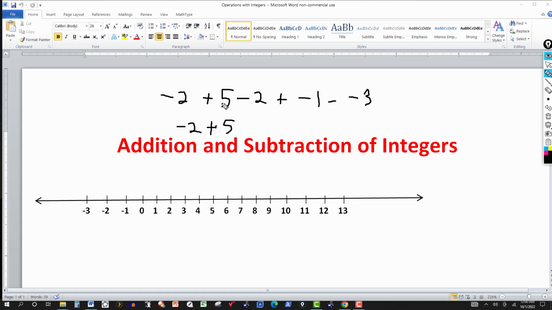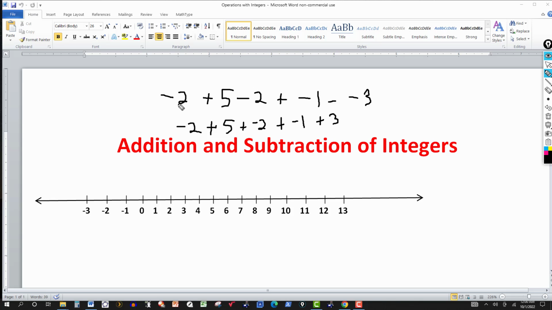We could just see, this one's pretty straightforward. 5 subtract 2, it's just 3. But let's just leave it for now so we can follow the rules. So let's write this as a plus a negative 2. And then we leave this one, it's already addition, negative 1. And then here we have a subtraction. Again, the rule is if you're subtracting, change it to addition, and the opposite of what you're subtracting. So we're subtracting a negative 3, make that a 3.